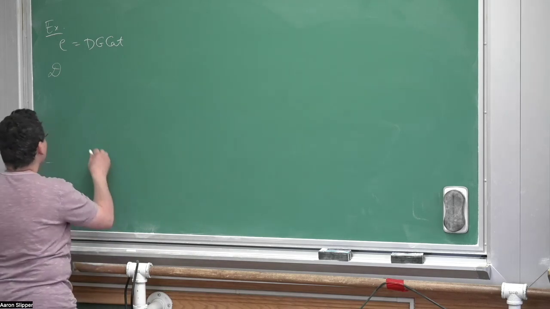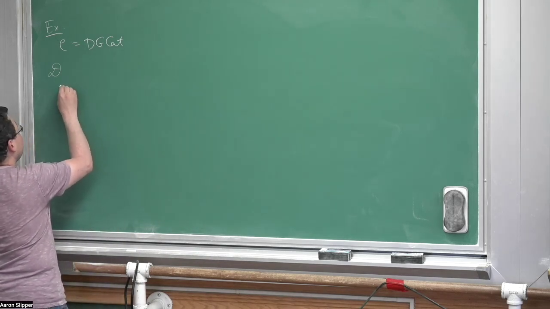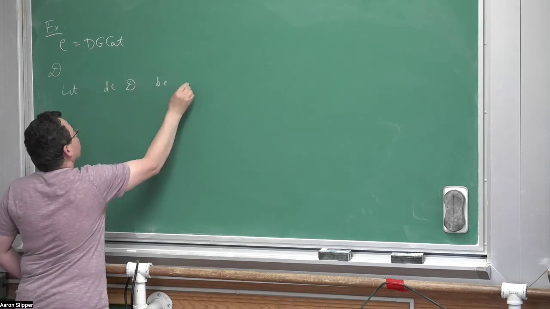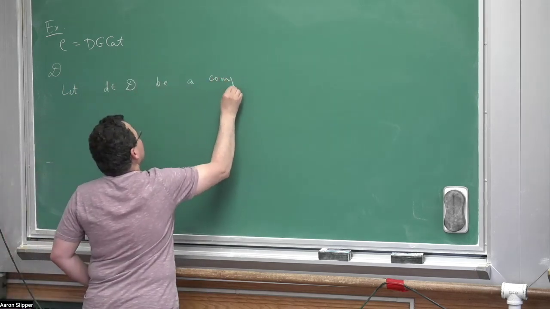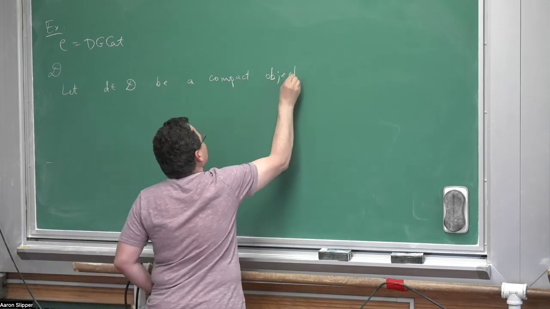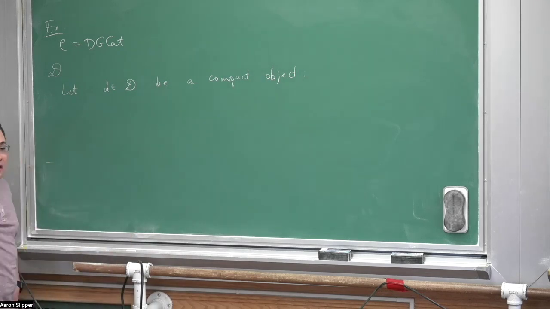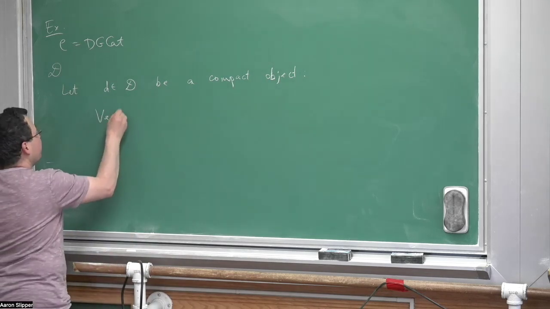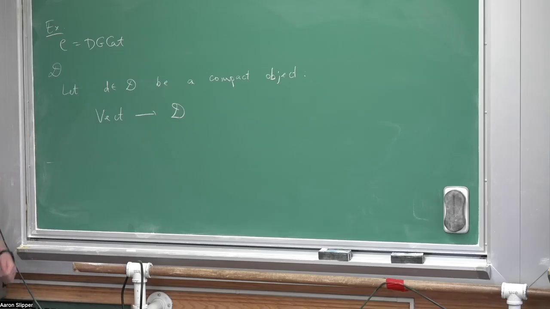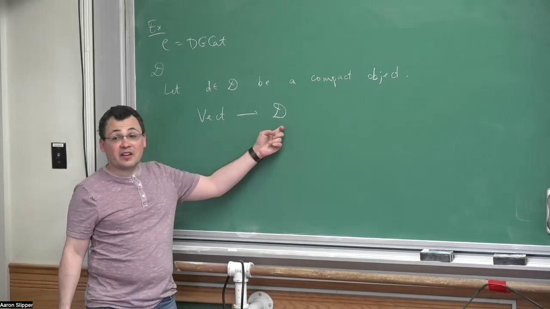And let D be a compact object. Saying an object is compact: there's a map from the unit to D, which is any object, and saying that object is compact is the same as saying this functor admits a continuous right adjoint.